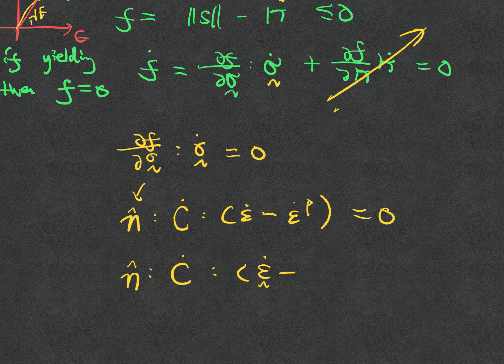This is like cooking a chicken or something. I prepare the gravy and now I put the gravy onto the potato. Everything is pre-cooked, and I just assemble those components. So I have lambda dot times the stress direction equal to 0.